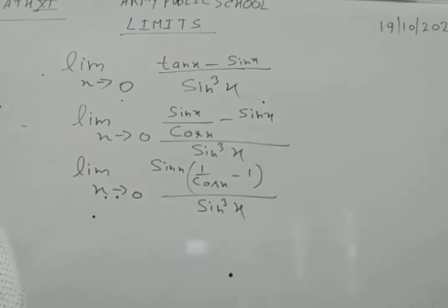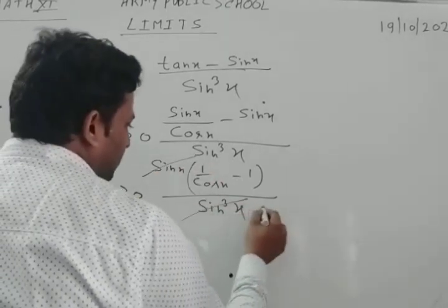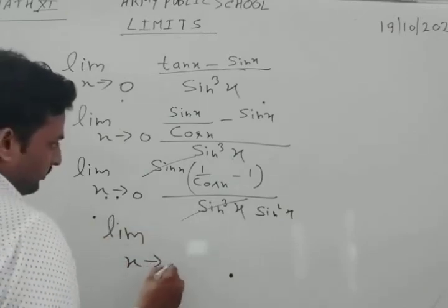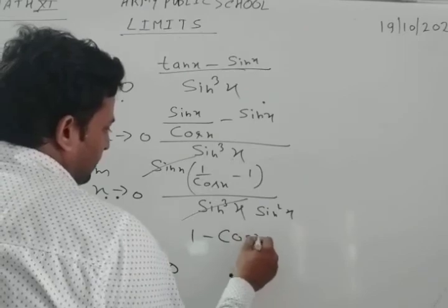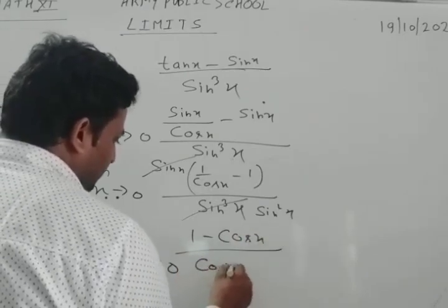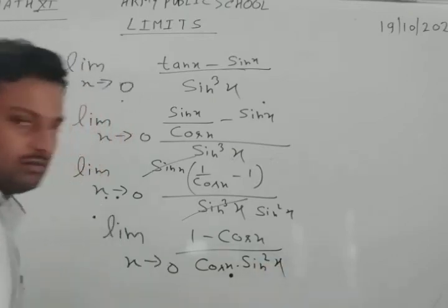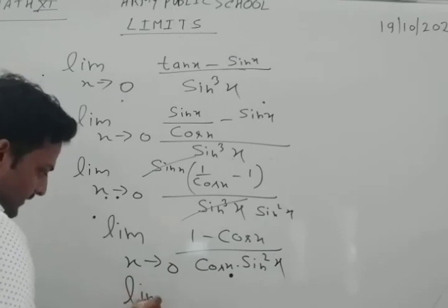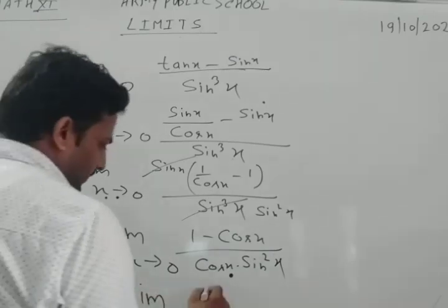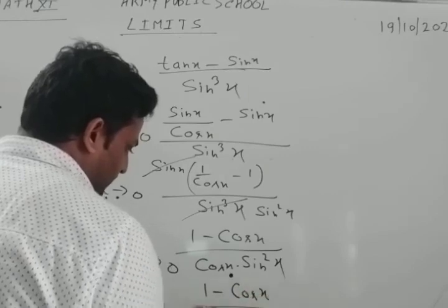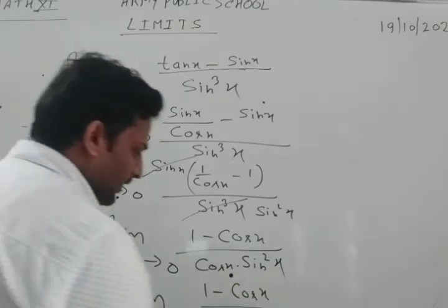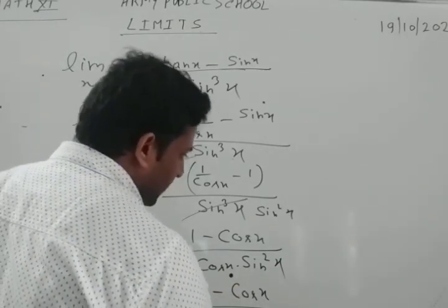Okay. Now this sin will be cancelled, leaving sin square x. So limit x tends to 0, (1 minus cos x) by cos x sin square x. We can write this also. Now sin square x can be written as 1 minus cos square x.